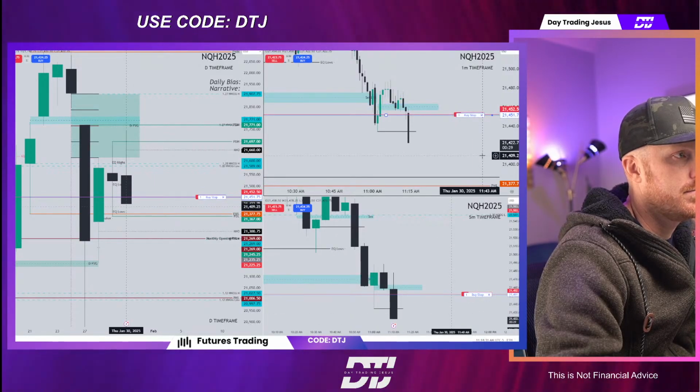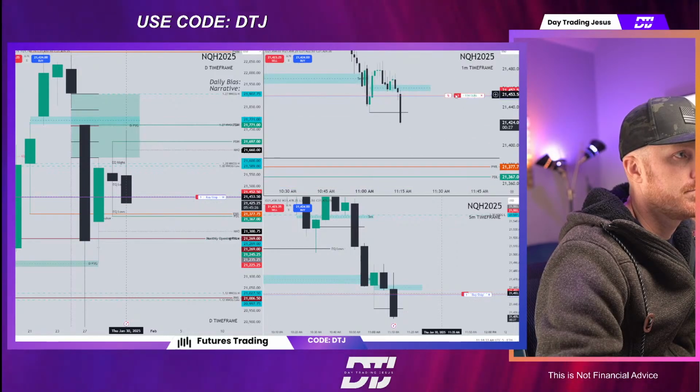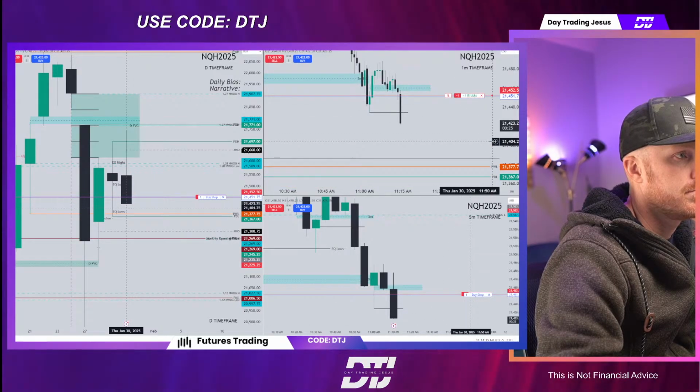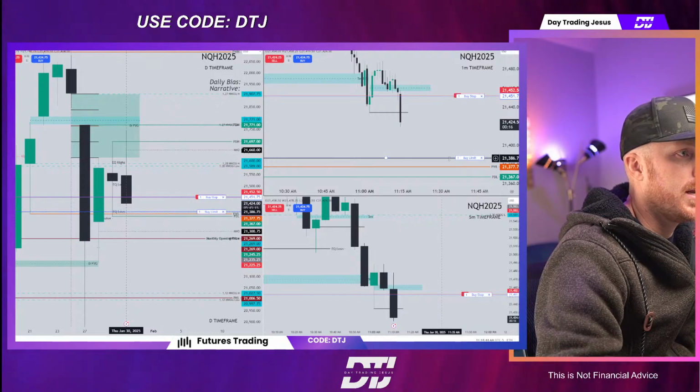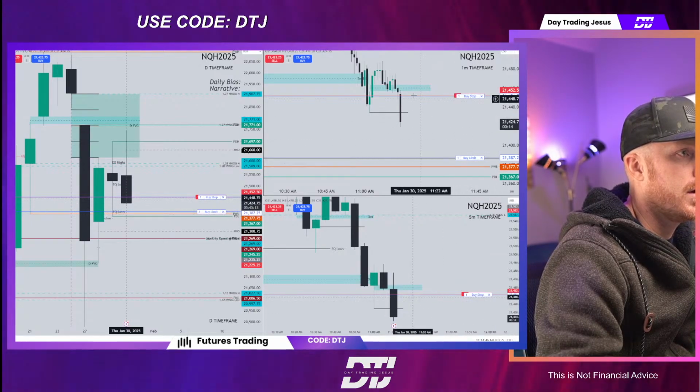Stops at break even. We'll make the target this low here.